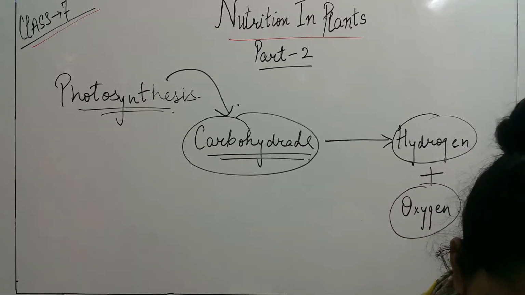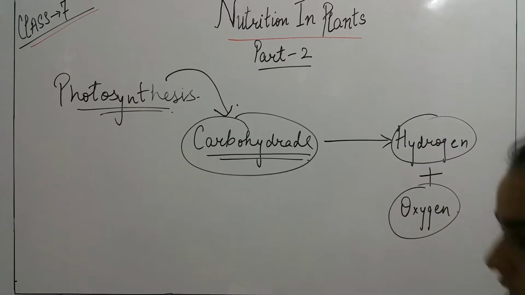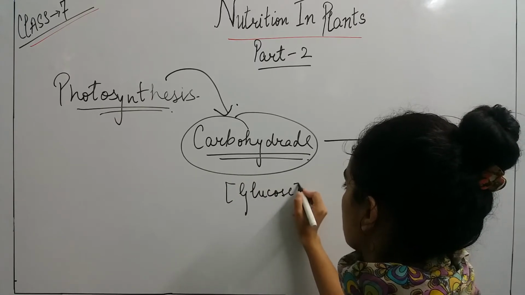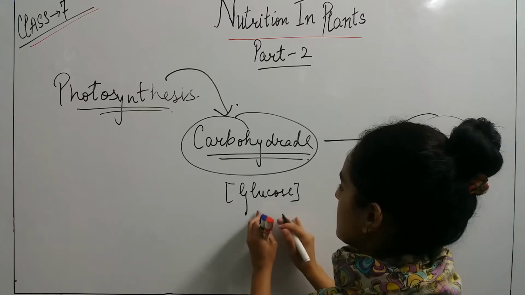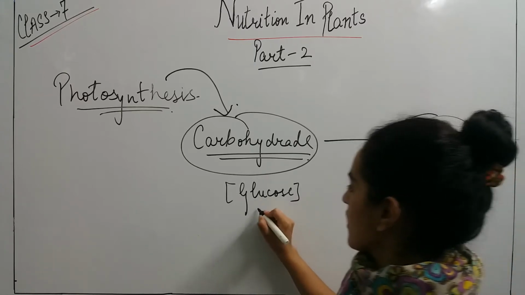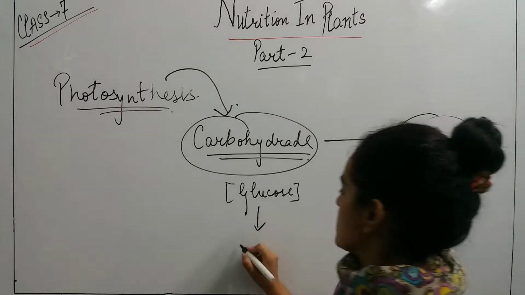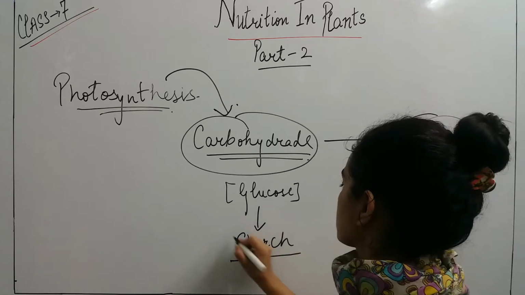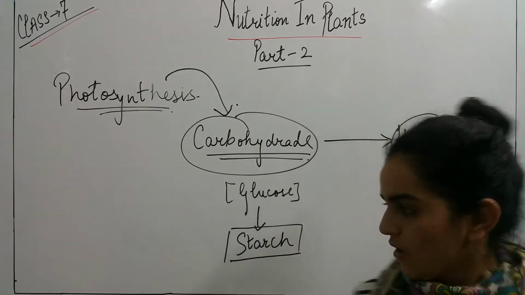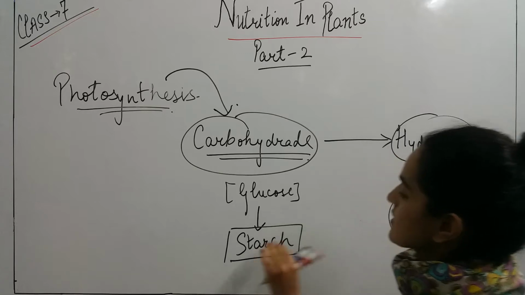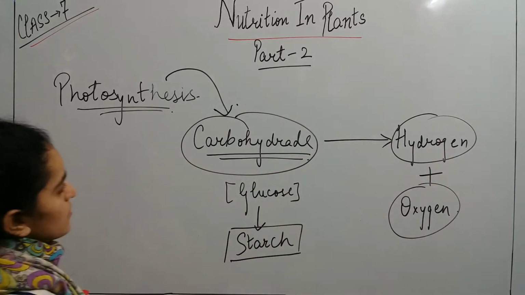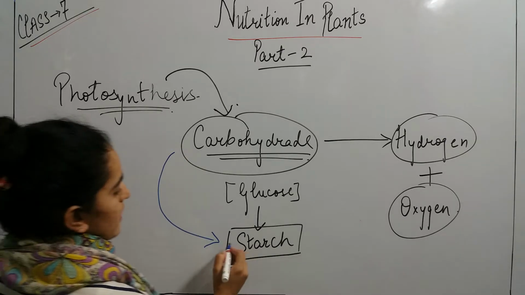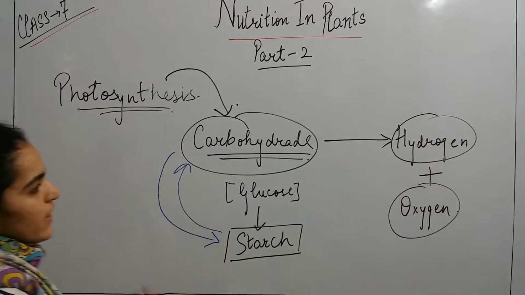Okay, and it is in the form of glucose. Then this glucose is converted into starch. Okay, so ये starch. Now what is it? Starch is also a kind of carbohydrate. Starch is a kind of carbohydrate only.